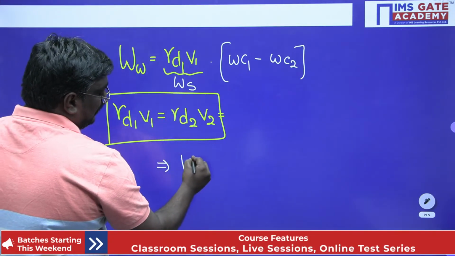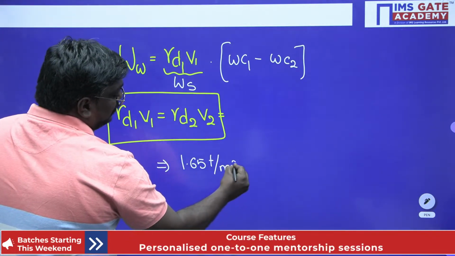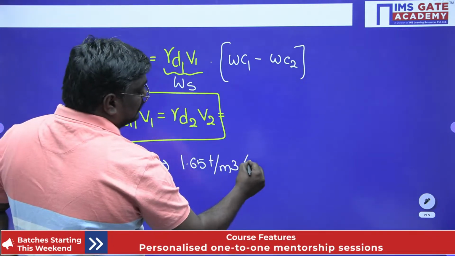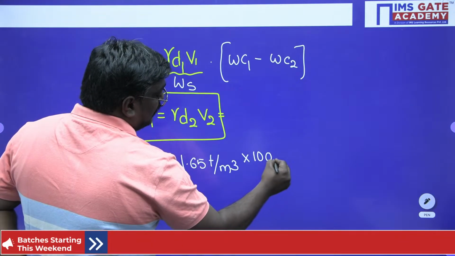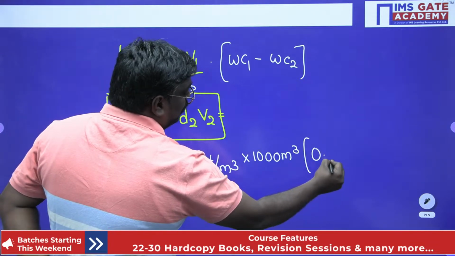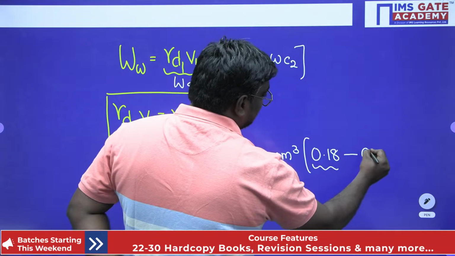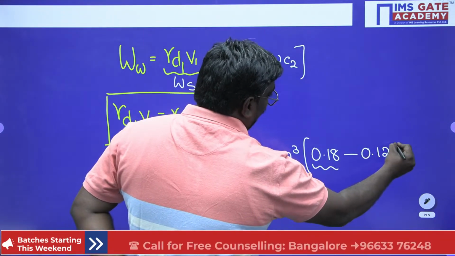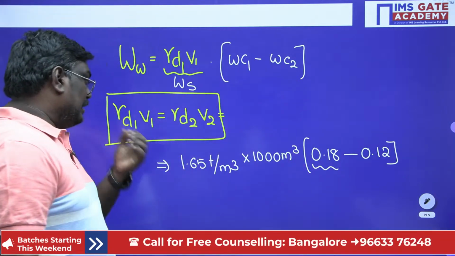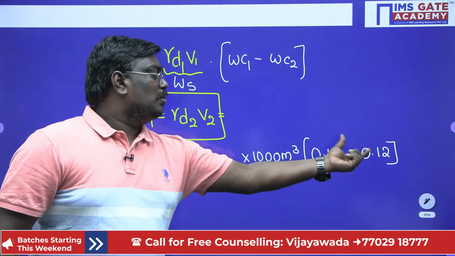I will take it in ton per meter cube, because they have given the volume as 1000 meter cube, and the first water content is taken as 18 percent. So the amount of water to be added is 1.65 into 1000 into (0.18 minus 0.12).